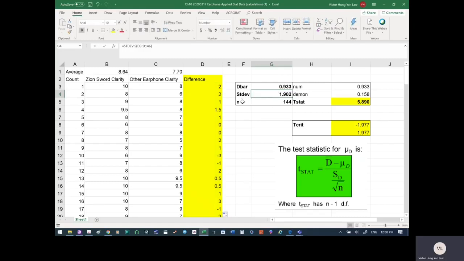We know the sample size is 144 because we use =COUNT to see how many values we have for the difference. So we use =AVERAGE, =STDEV.S, and =COUNT. These are formulas we have already learned in chapter 3.